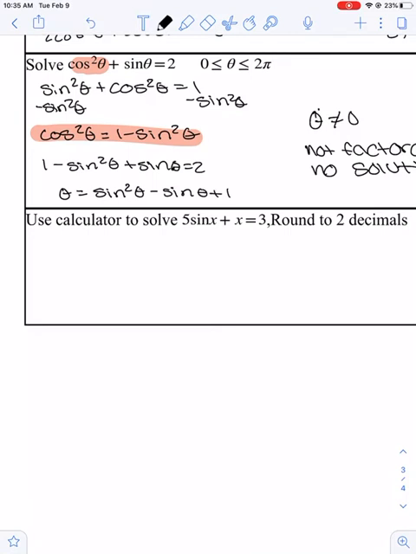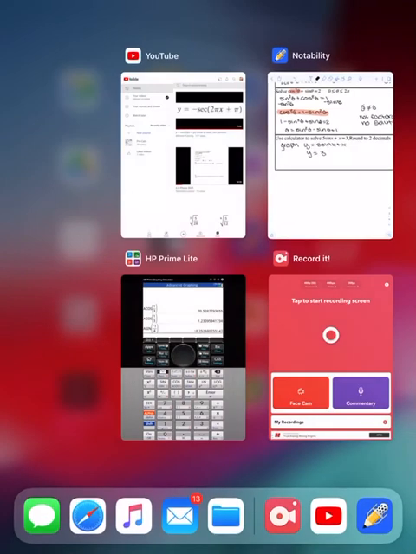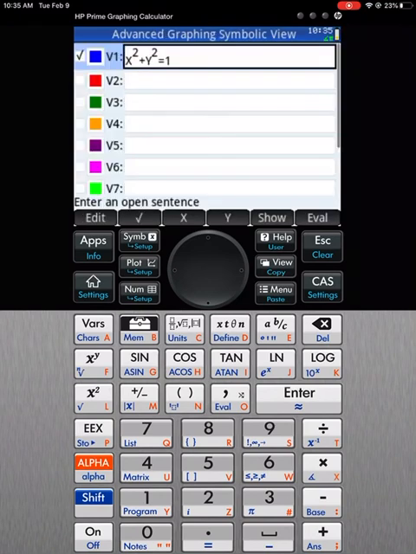Alright, last problem. We have to solve this in a calculator, and we're going to set up two different graphs. So we're going to graph y equals 5 sine x plus x and y equals 3.